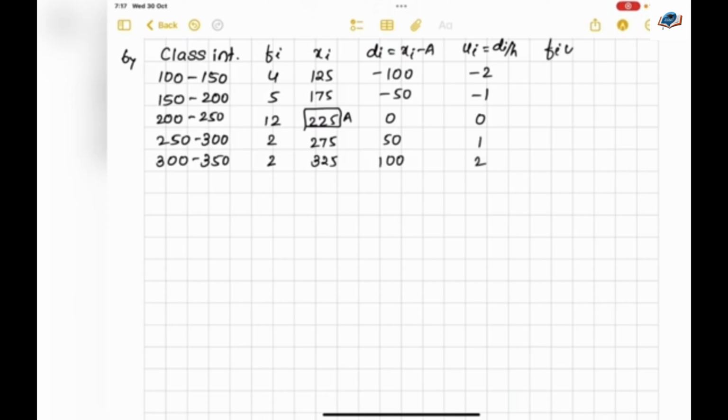Now fi ui will be minus 8, minus 5, 0, 2, 2. So sigma fi will be 25 and sigma fi ui will be minus 7.